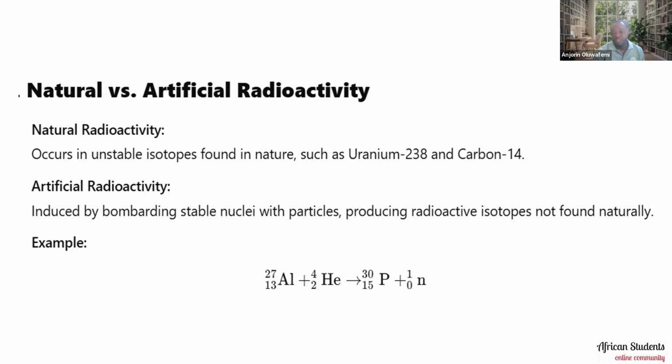That's phosphorus with a mass number of 30 and atomic number of 15, and then a corresponding particle or emission that comes along with it. So it produces what? A radioactive isotope not naturally found. So when you do this to aluminium, you can produce phosphorus, but it cannot be found naturally in nature. So that is artificial radioactivity.